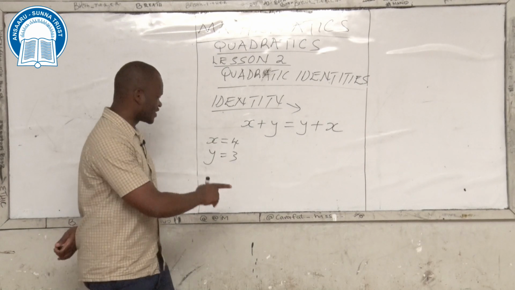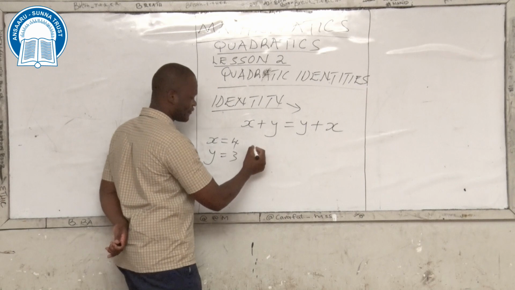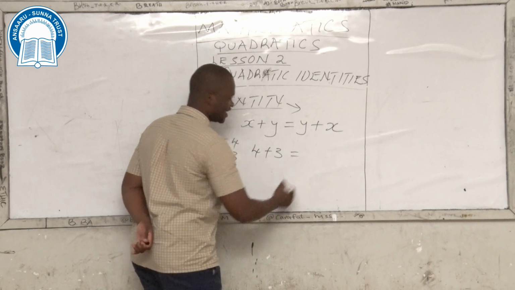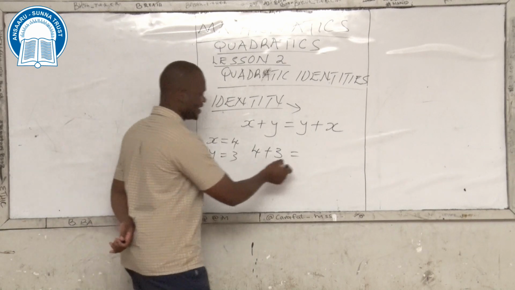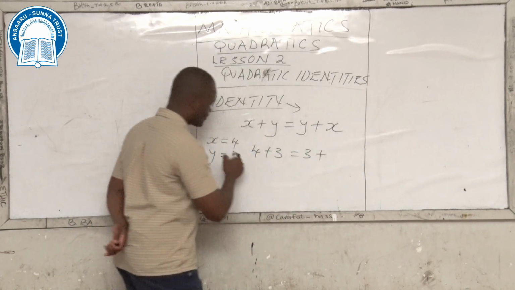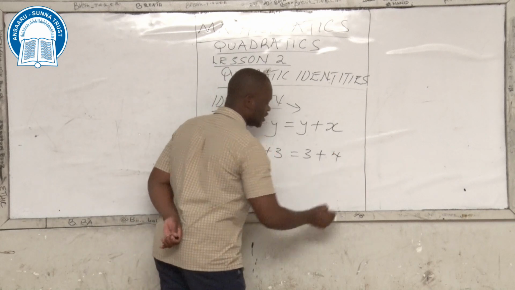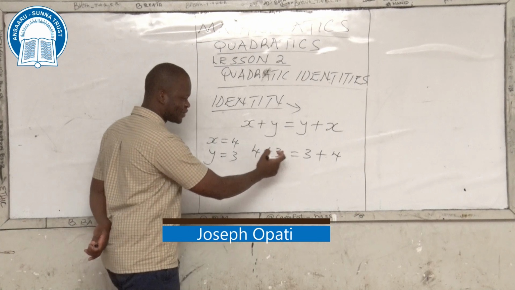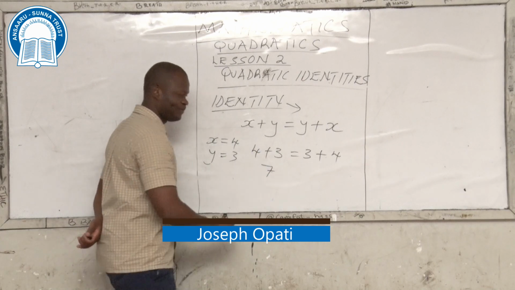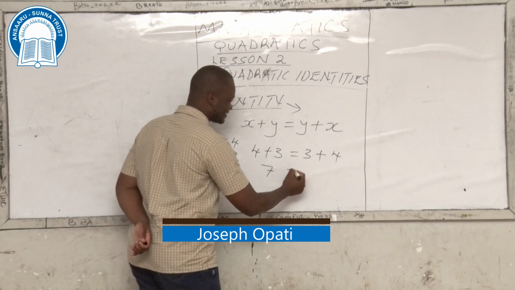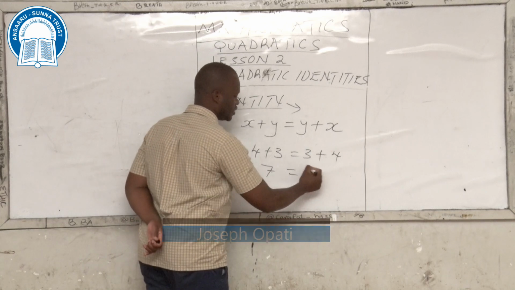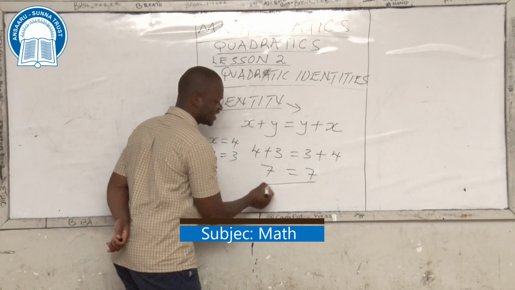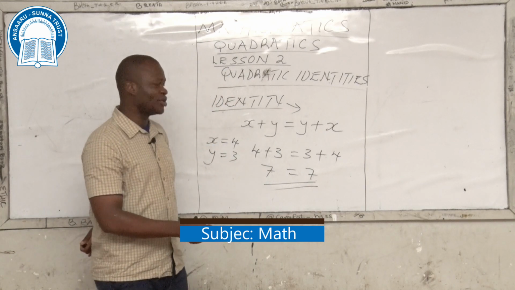So on the left hand side we have 4 plus 3 to give me 7. On the right hand side we have 3 plus 4 to give us 7. Now this equation is a true equation.